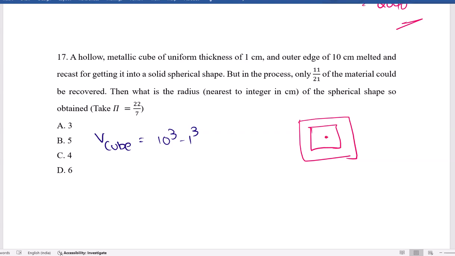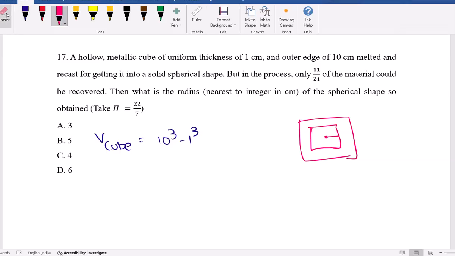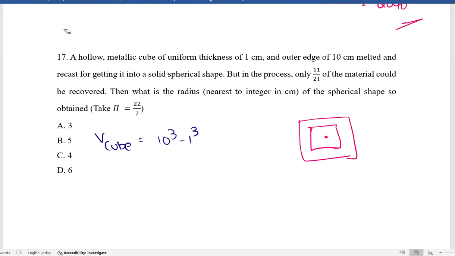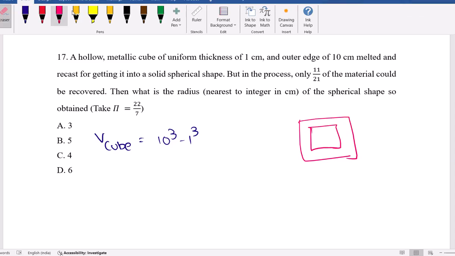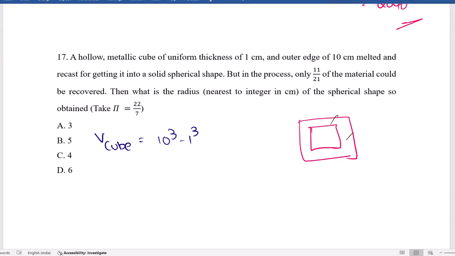Right, so from here to here, this is 1 and this is 10. So the volume available is this part only. This part is the volume of the metallic cube where metal exists: 10 cube minus 1 cube.